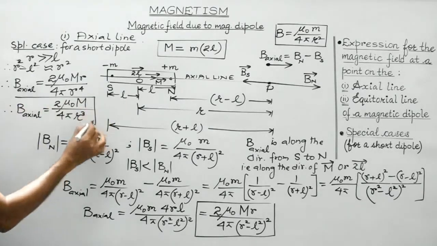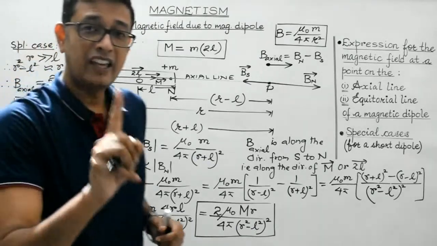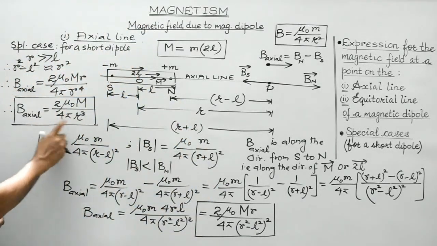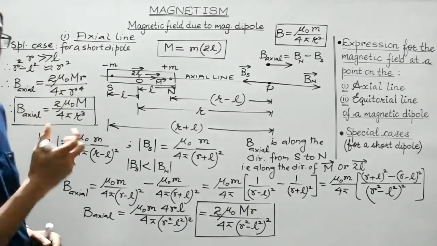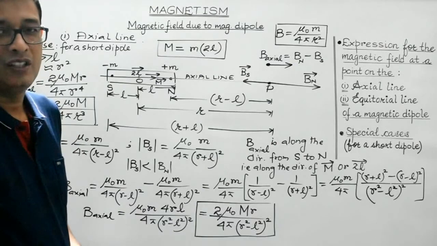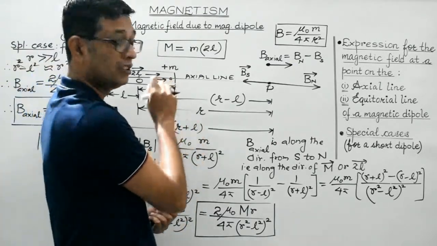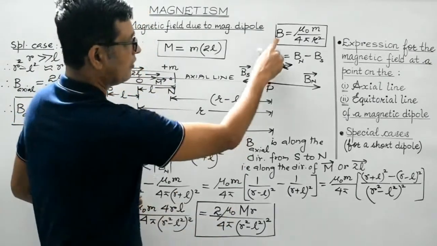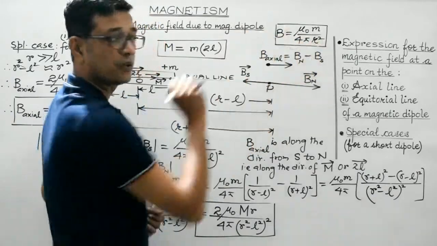So this is the formula which is to be used in case the magnetic dipole under consideration is short, that is, this condition is fulfilled. Then only this expression can be used. One thing to be noted is that for a single isolated hypothetical pole, the magnetic field varies inversely as the square of the distance of the observation point.